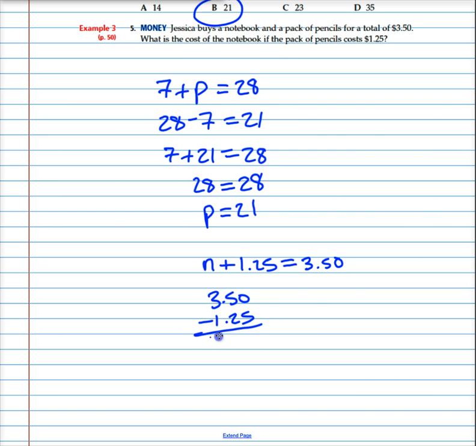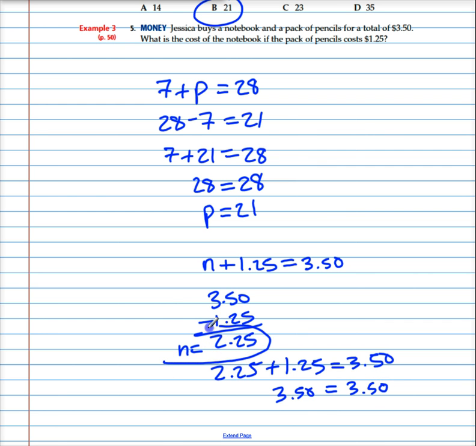That would be $2.25. If we put this back in for n, $2.25 plus $1.25 equals $3.50. When we simplify the left-hand side of our equation, we get $3.50 equals $3.50, which means this is a true statement, and n equals $2.25 is the solution to our equation.